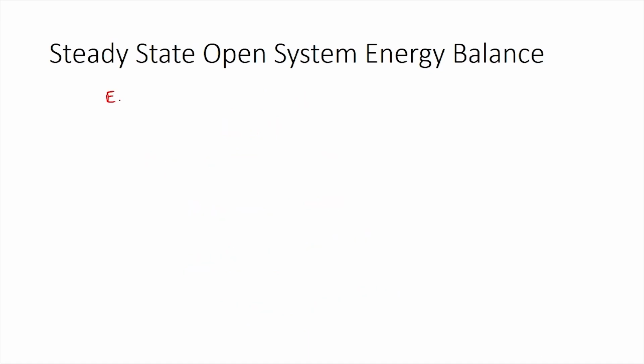Ej dot is basically the energy possessed by the component j, which would include internal energy, which is U dot j, plus kinetic energy, which is Ek dot j, plus potential energy, which is Ep dot j.